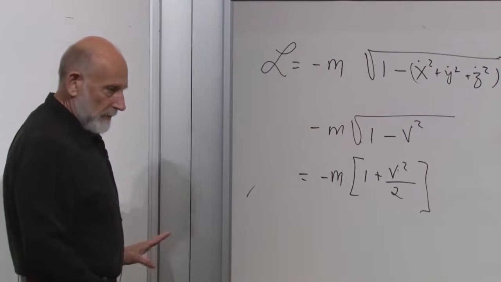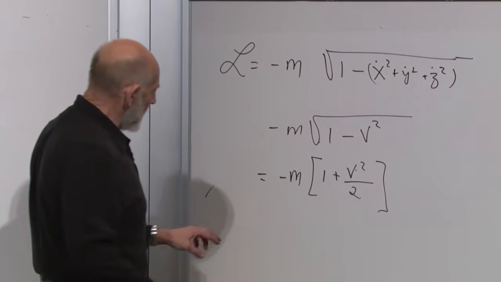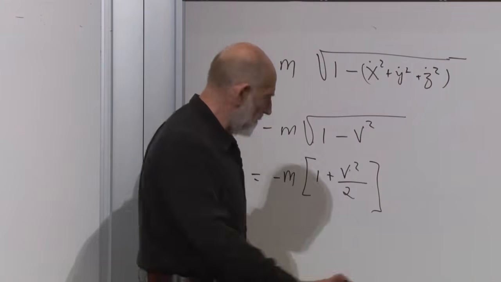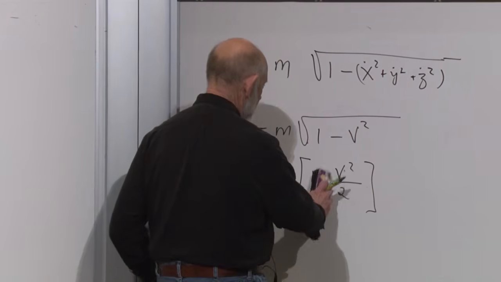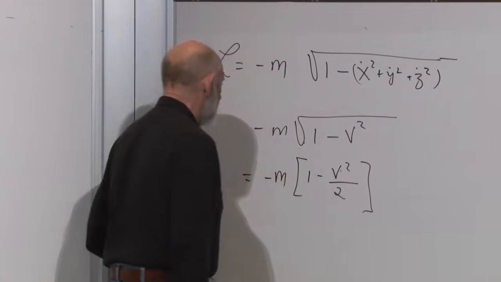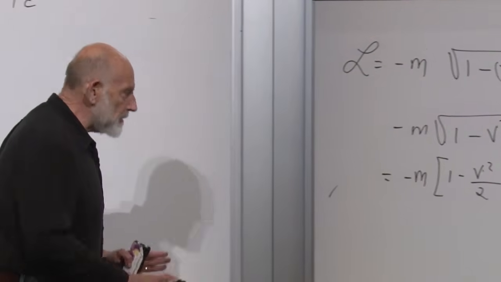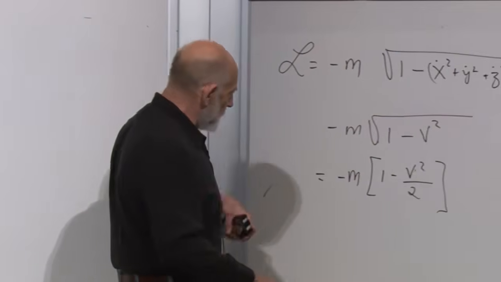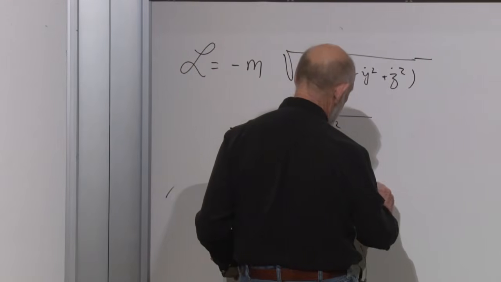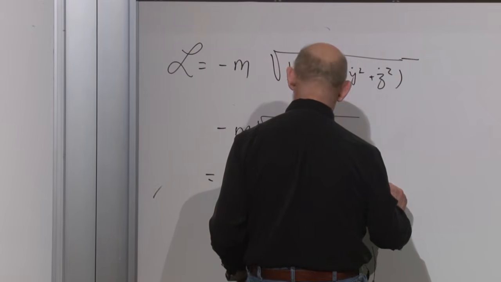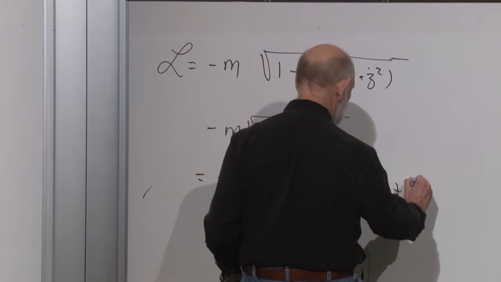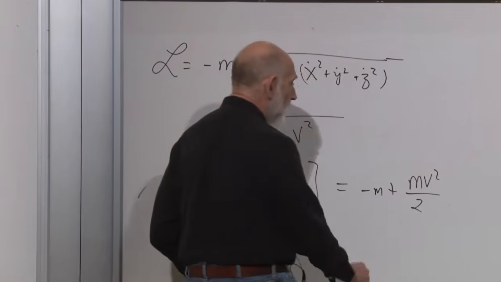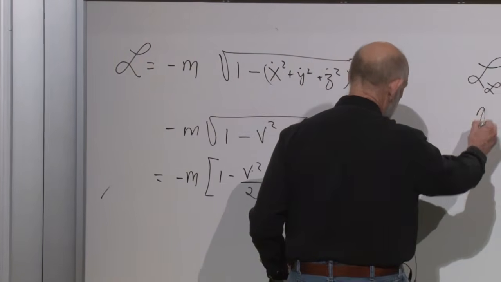So it's not important to us. All right, so apart from the constant piece, the piece with the juice in it is plus m v squared over 2. Minus m plus m v squared over 2. In other words, it's just the Lagrangian of Lagrange.